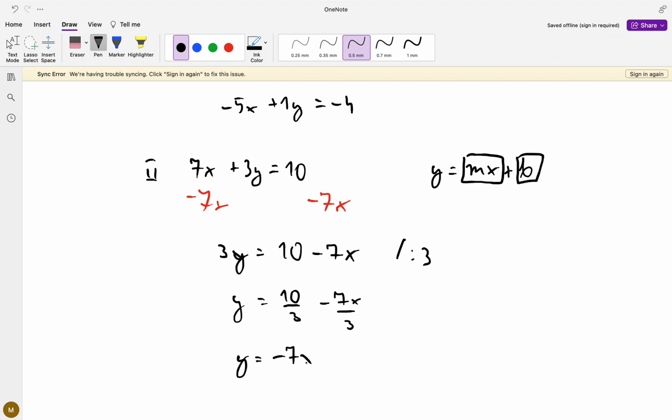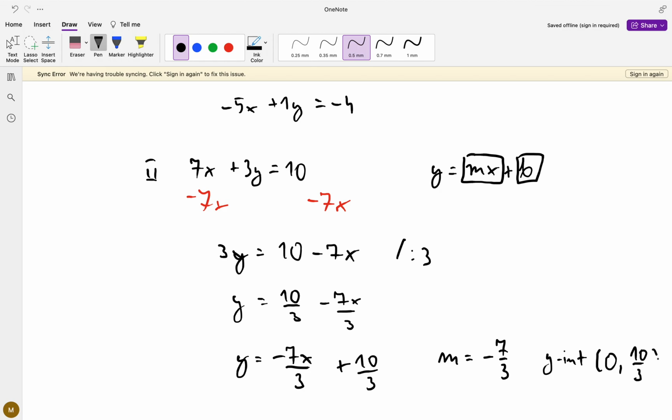Negative 7x over 3 plus 10 over 3. And here the slope is equal to negative 7 over 3. And the y-intercept is equal to (0, 10 over 3).